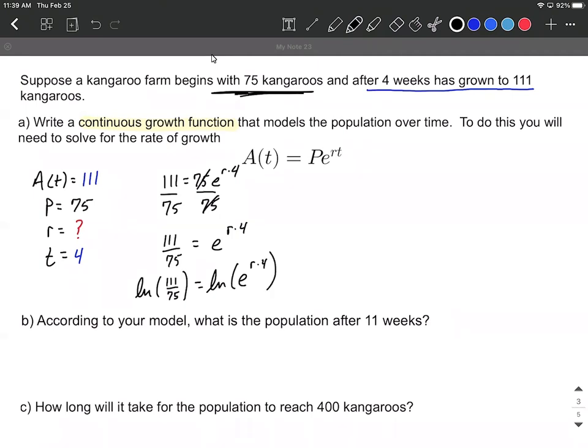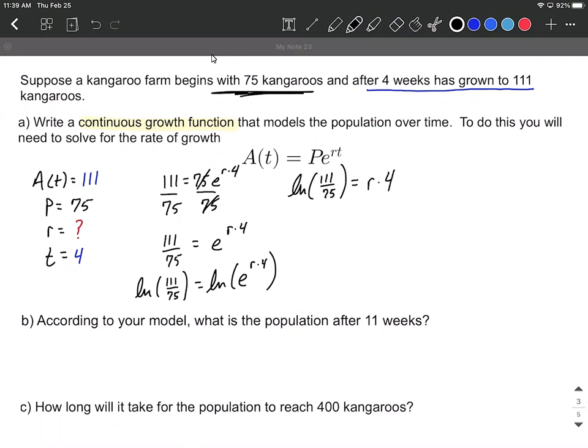Now, because natural log is log base e, it's the inverse of e raised to a power, an exponential function. So we're going to get very nice canceling out on the right-hand side and just be left with our exponent. So natural log of 111 divided by 75 equals r times 4.